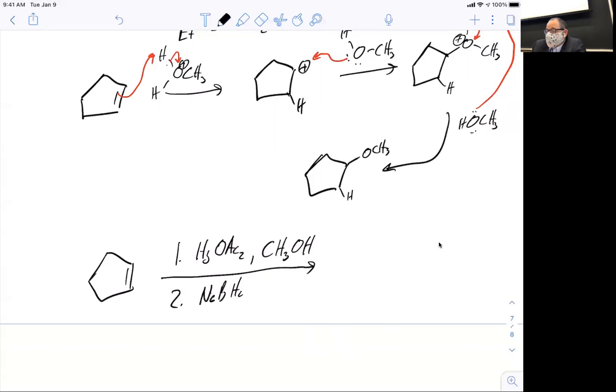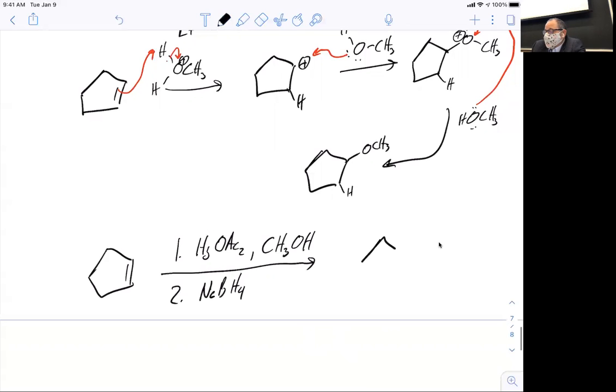So if I do this in a different solvent, I could form the ether versus the alcohol.